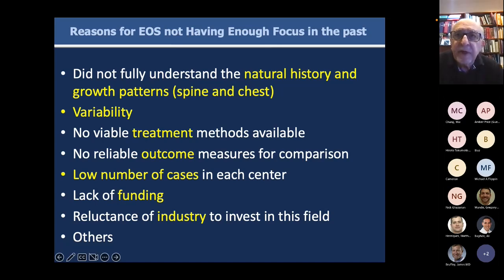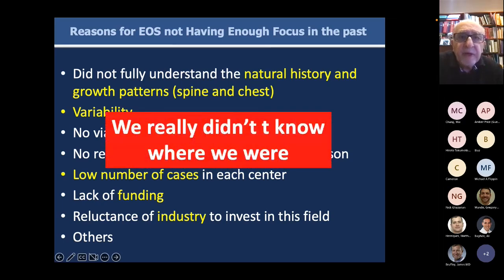Each center and each institution probably has a low number of cases to learn from. And obviously, there was no funding. The industry was not very fond of investing in this field because of the very low numbers, and there were other reasons as well. So we really didn't know where we were at that time.